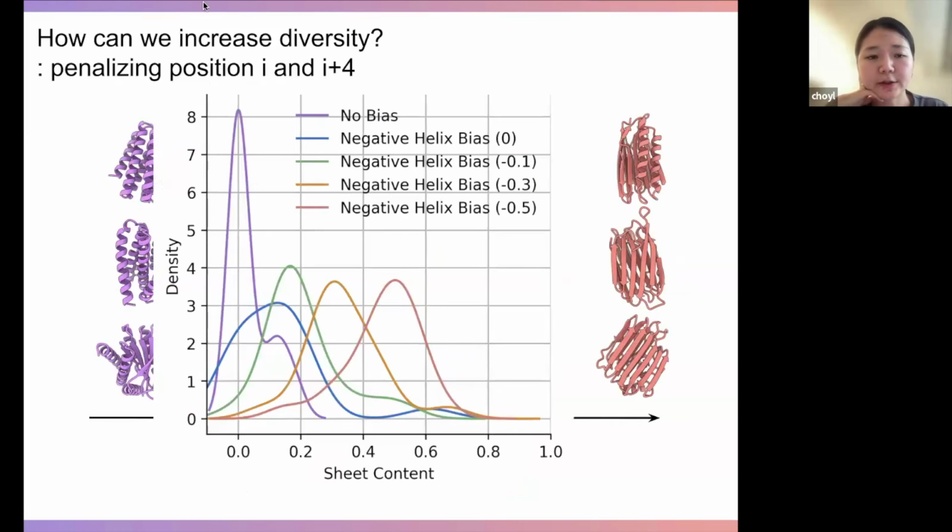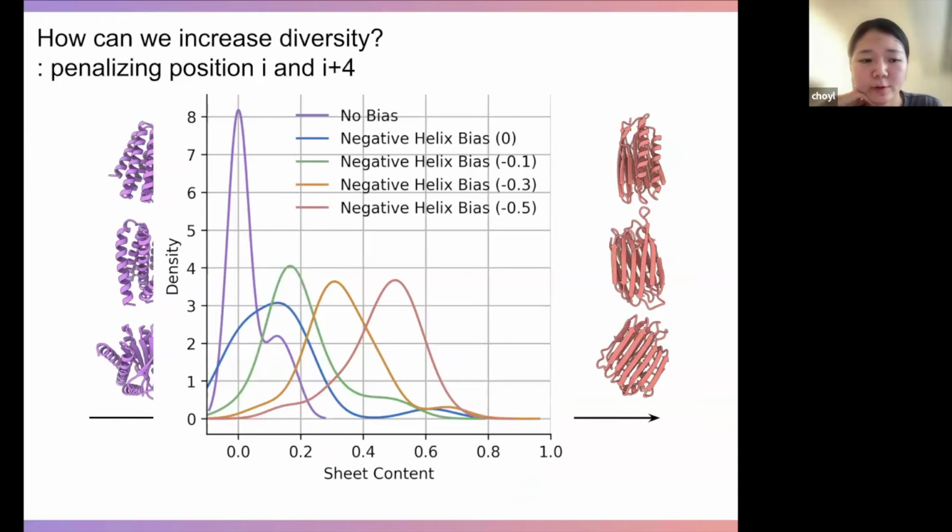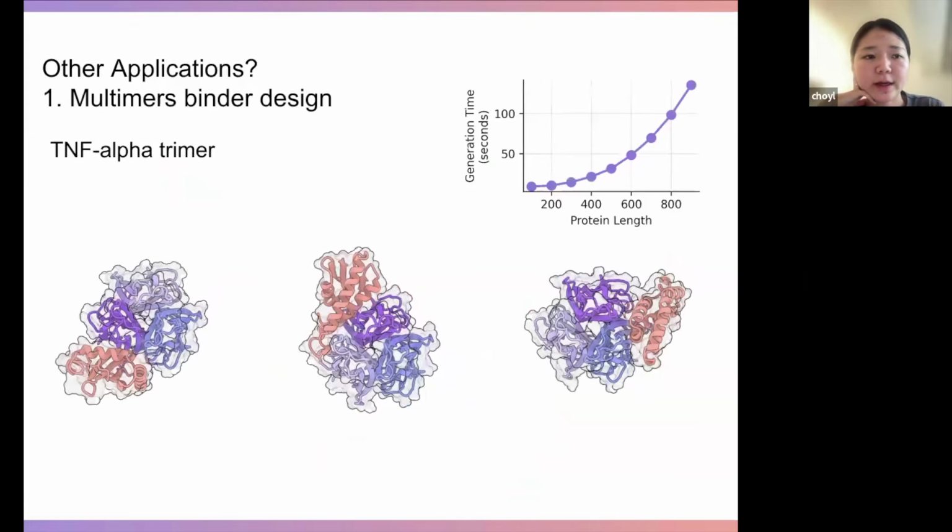As you can see in this histogram, the density plot, as I give a higher bias, the sheet content is increasing. So it's pretty well correlated, with this very easy way of penalizing the helical bundles.